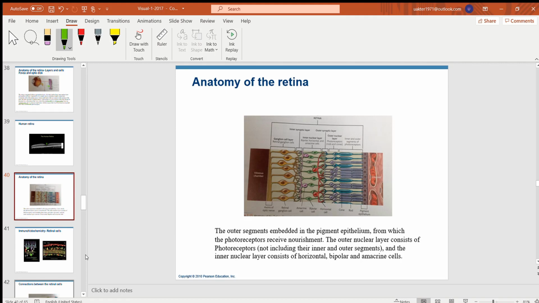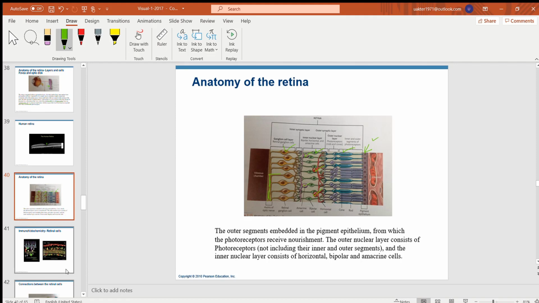This is the outer pigmented layer, right? And then the cellular layer has the photoreceptors. Then you have the bipolar cells, ganglion cells, and these are the axons of the ganglion cells forming the optic nerve, right? And also you have the horizontal cells and the amacrine cells.